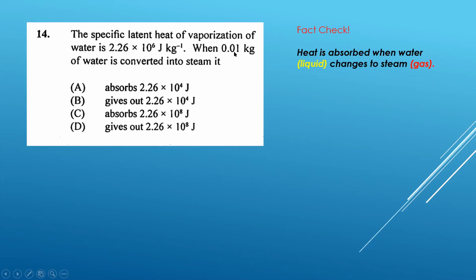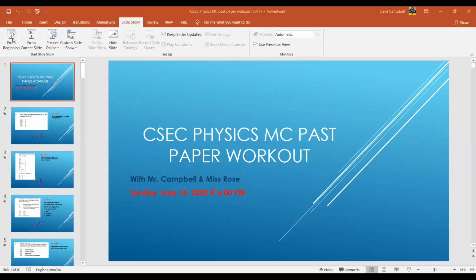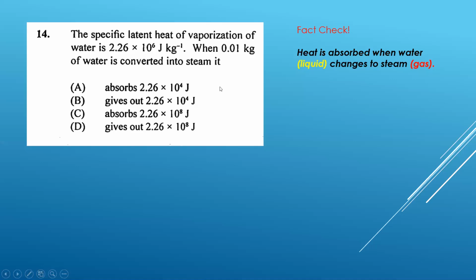So therefore, if you have 0.01 kilogram, which is 1 over 100, your answer should be 1 over 100 of this value.